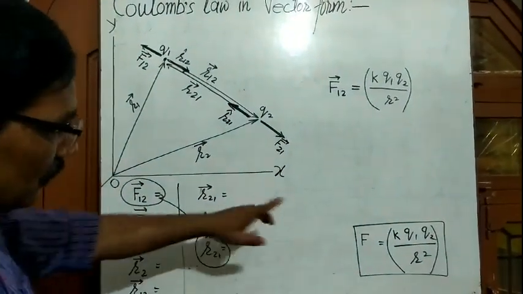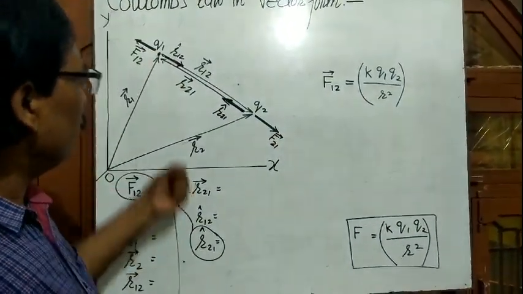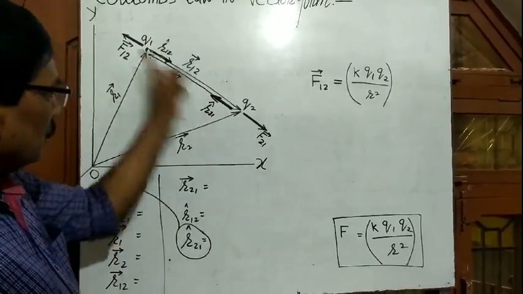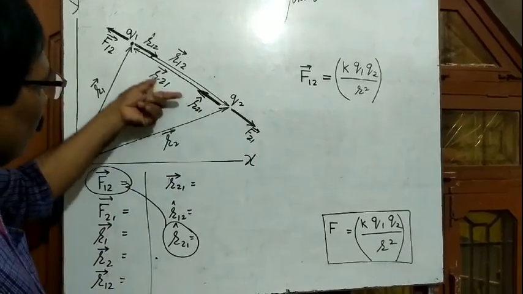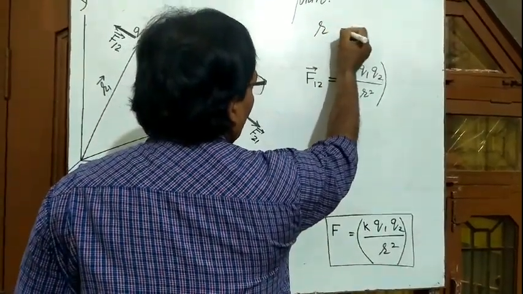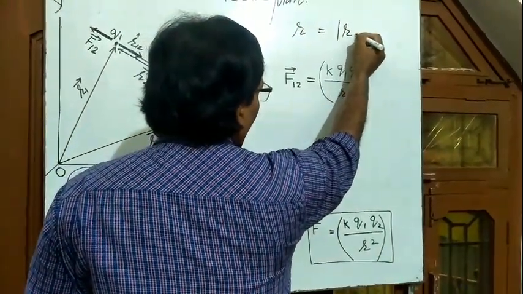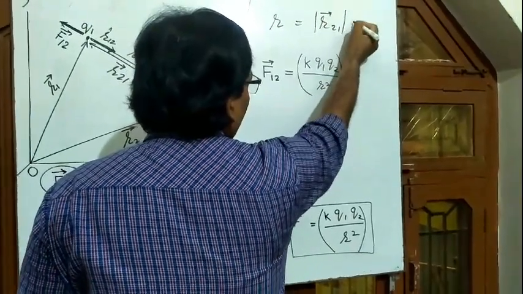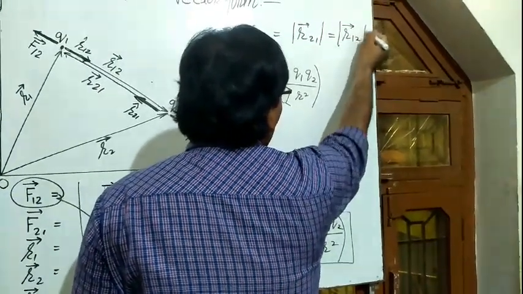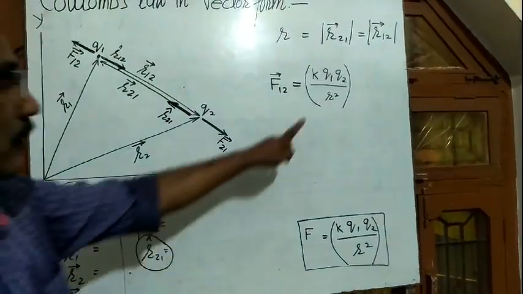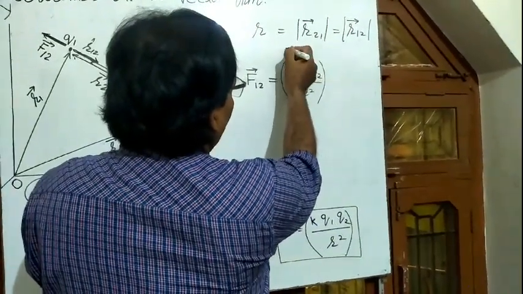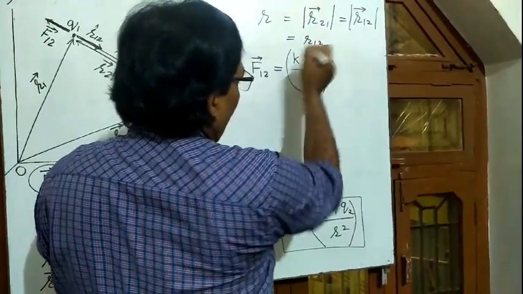And this force F12 will be in the direction of unit vector R21. We need this R21 vector. So the magnitude of R is equal to mod R21, and of course this is also equal to R12. The magnitude is the same, so you can write R, or just remove this arrow and this mod.